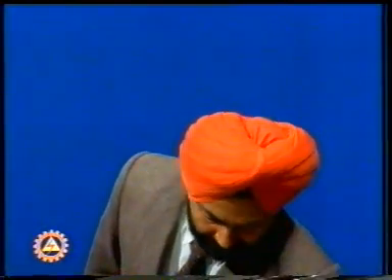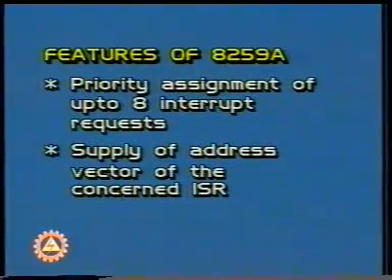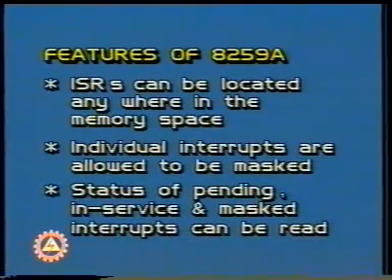Let us see the main features of this controller. This controller can provide the priority assignment up to 8 interrupt requests. The supply of the address vector of the concerned ISR is given by this. The ISRs can be placed anywhere in the memory space. The individual interrupts can be masked.